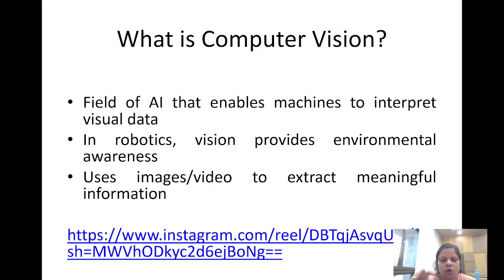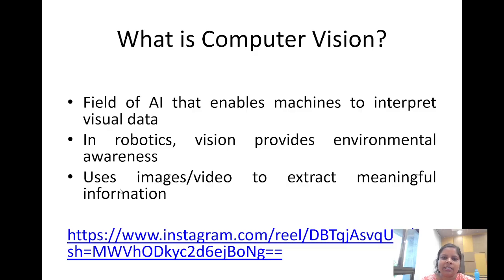We'll go from very basic image understanding to real-time applications like object detection, face tracking, or, let's say, an autonomous mobile robot using visual feedback. This is a foundational topic that combines AI, robotics, and image processing. These are all vital areas in today's robotics industry, right?